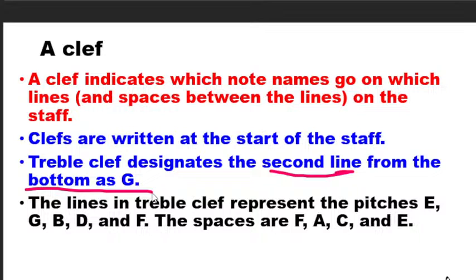The lines in the treble clef represent the following notes: E, G, B, D, and F. The spaces spell what we call FACE: F, A, C, and E. These are the notes that we are using when we are playing.